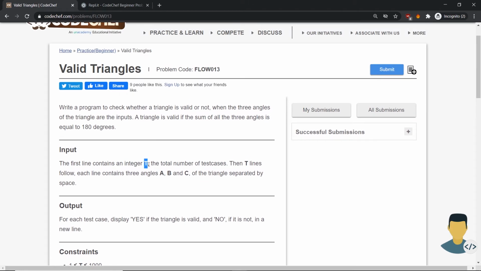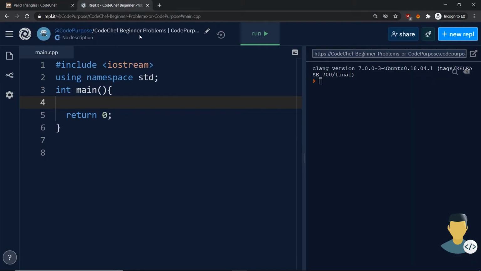We have T test cases, and in each test case we read different A, B, C which represent the angles of the triangle.